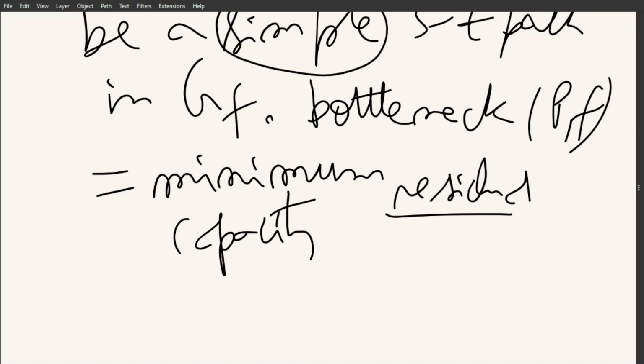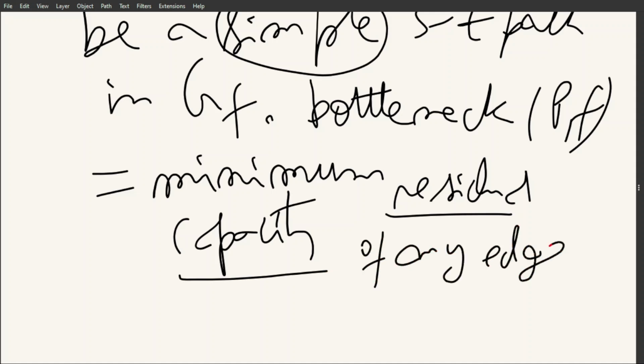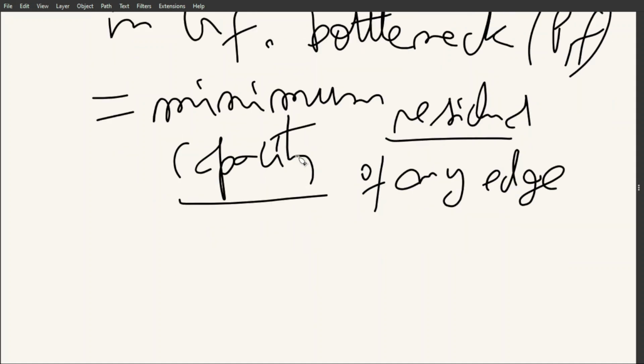The weights in GF are called residual capacity. So it is the minimum residual capacity of any edge on P with respect to the flow F.